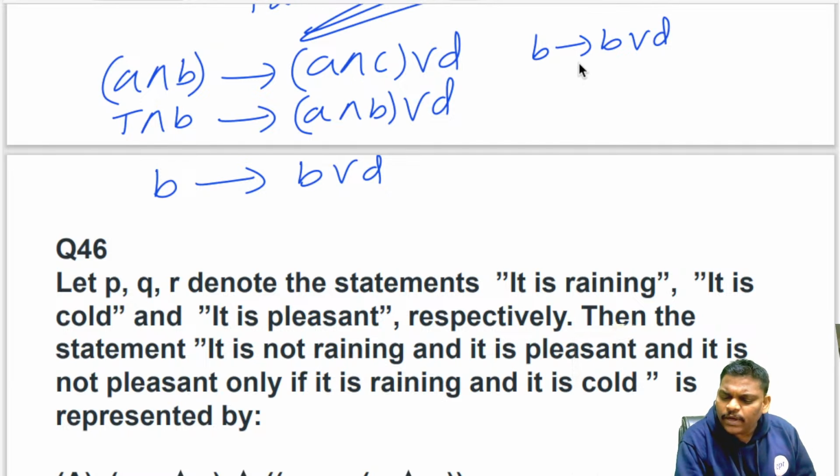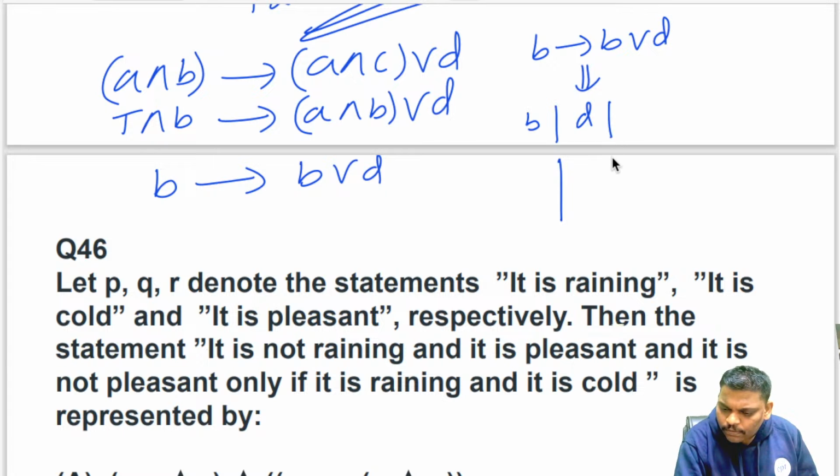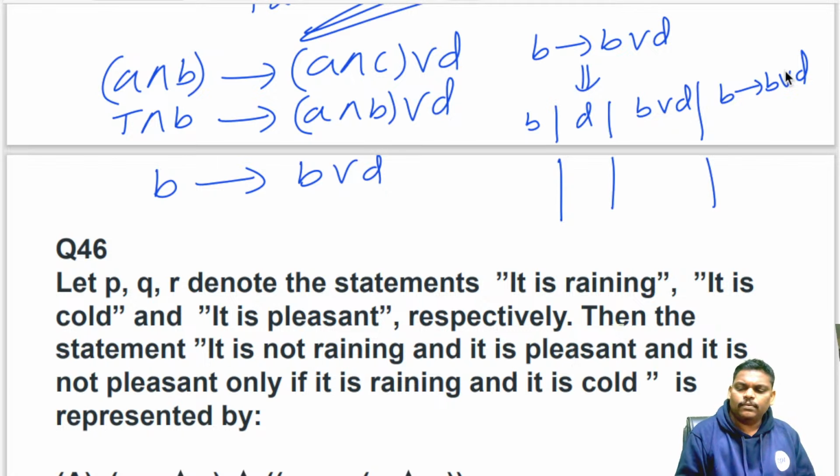So for this one, draw the truth table. B and D only are there. Let me write B, D, B, next one B or D, and B goes to B or D. So just verify all the things.